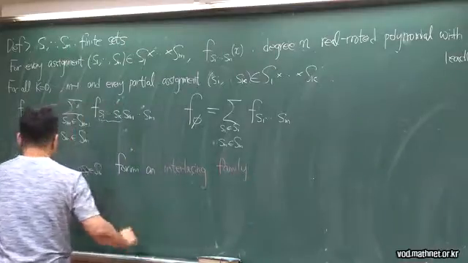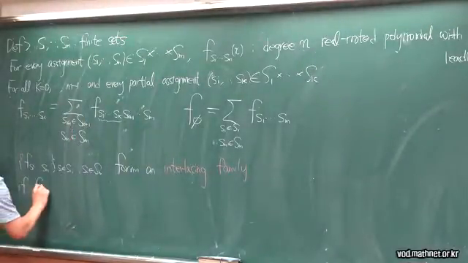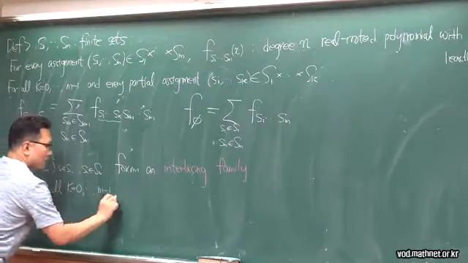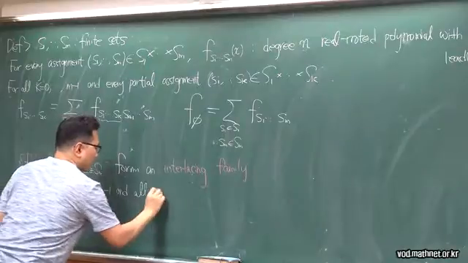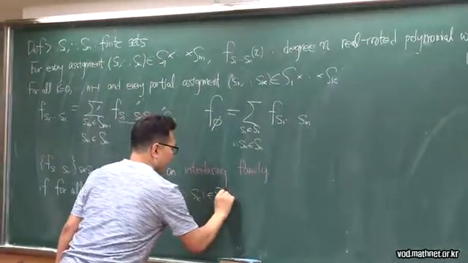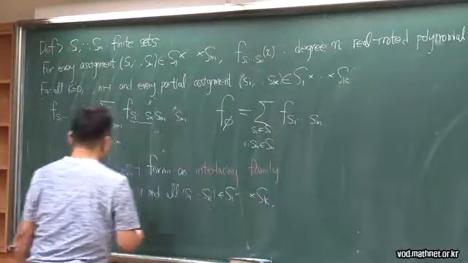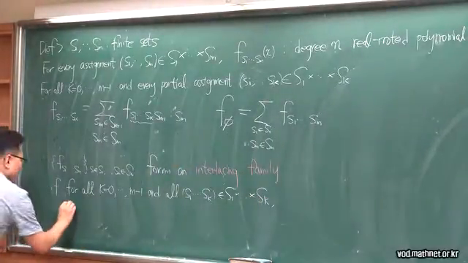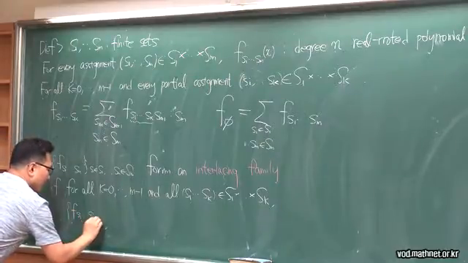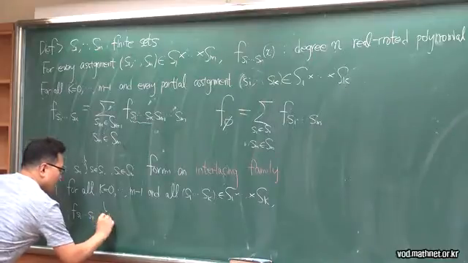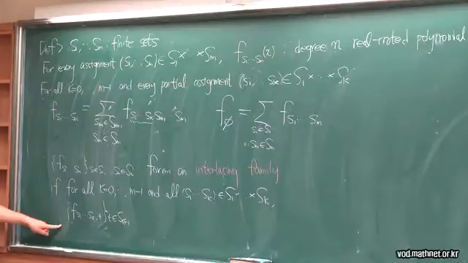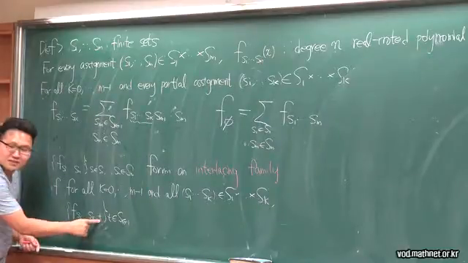if for all k equal to 0 to n minus 1 and all S sub k, and here, these polynomials, these are fixed and these are just moving.